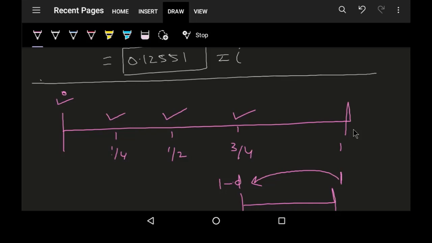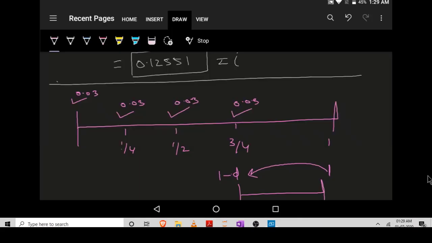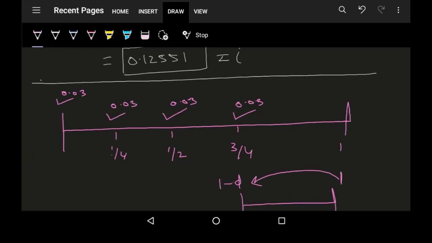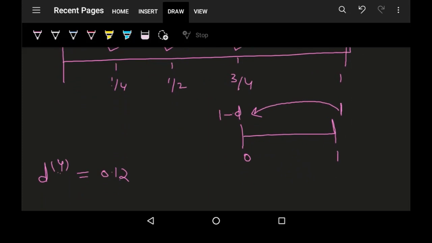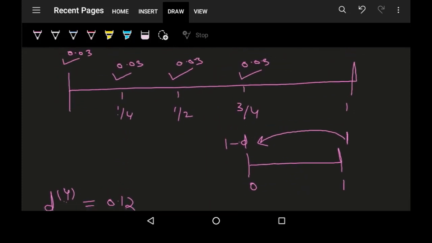So I will pay 0.03 here, 0.03 here, 0.03 here, and 0.03 here. What I'm doing now, I will bring those amounts, instead of at the end, to the start of the year.